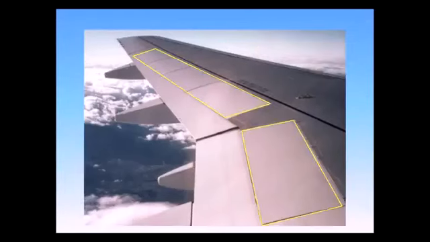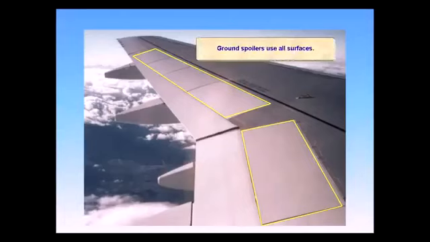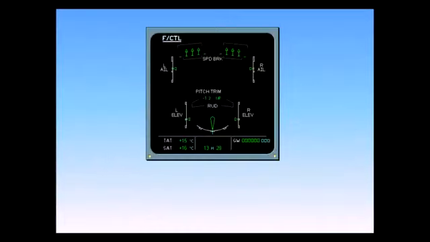Ground spoilers use all surfaces. On the ECAM flight control page, the spoiler extended position is indicated by small arrows. In this illustration, the speed brakes are extended. Now we will look at the flight control computers.